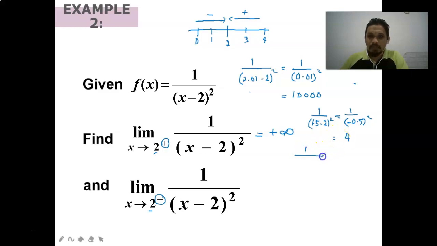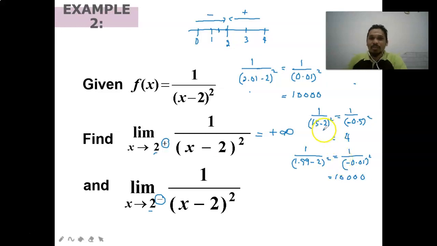Now let's come up with 1.99. 1.99 minus 2 is negative 0.01, so 1 divided by (negative 0.01) squared equals 10,000.